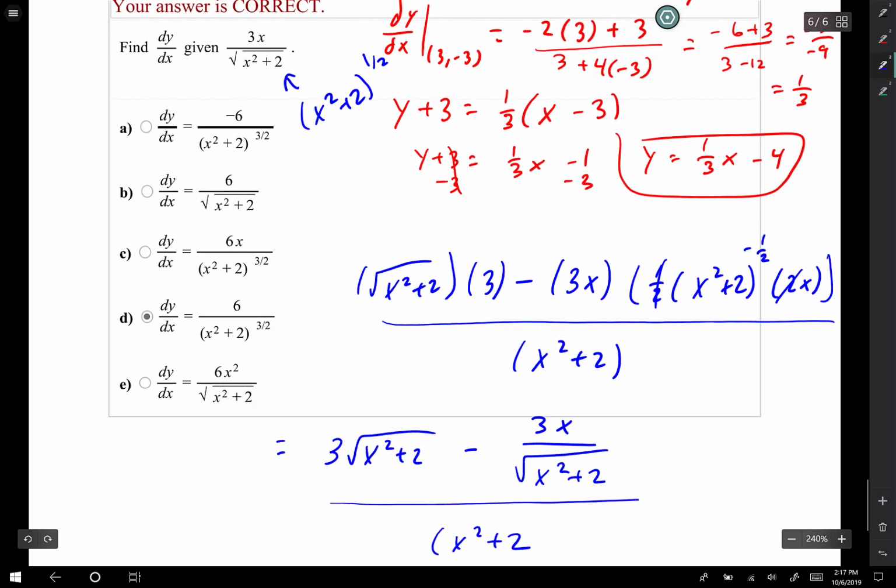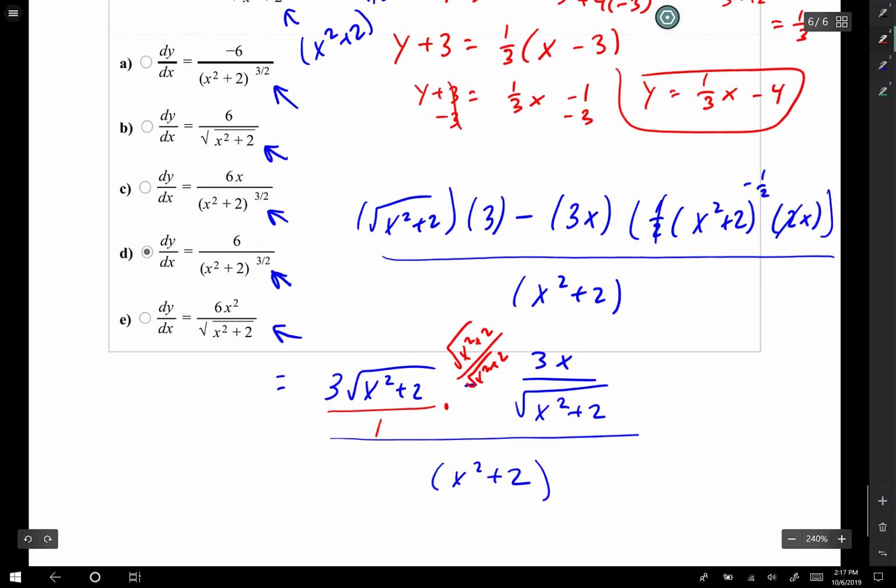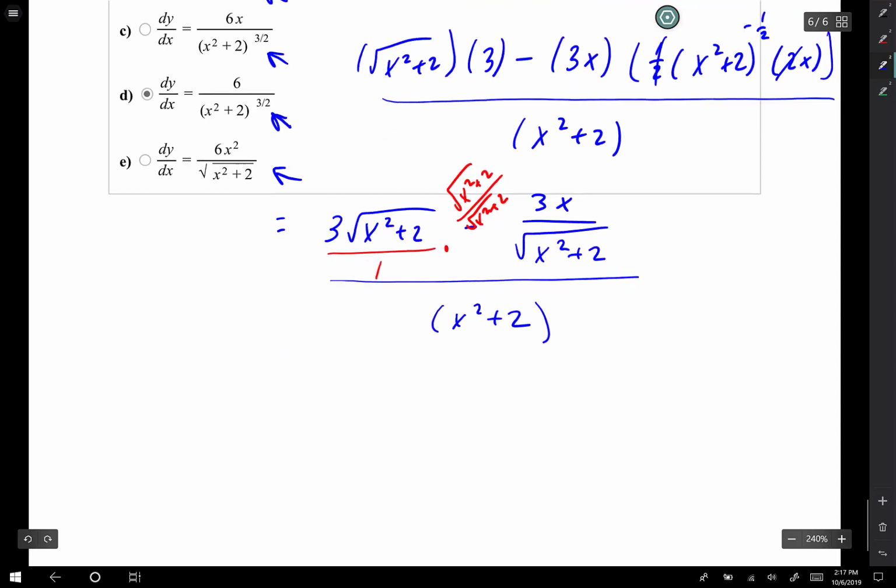I recognize that all of them have x squared plus 2, but either raised to the 3/2 or a square root. I don't have a square root, so I bet what they did is they found a common denominator. This is over 1. Multiply this guy, let's see, that's already a square root. So let's multiply by the square root of x squared plus 2 over the square root of x squared plus 2.